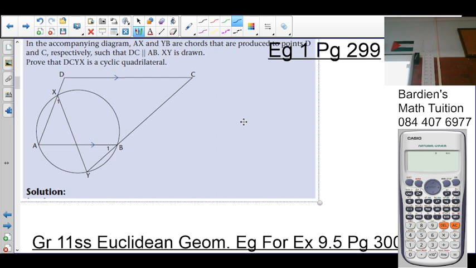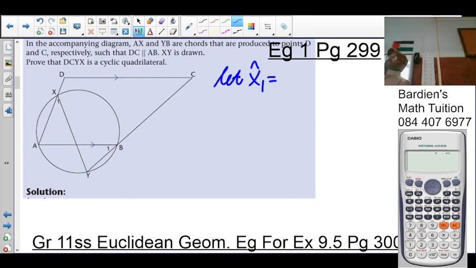We start off by letting x1 be equal to x, or letting angle c equal x. It doesn't matter. Normally one of the two. But since there's already an x here, I don't want to confuse you, so I'm going to use a different letter. There's a y as well. Let's use A. Let angle x1 be A.